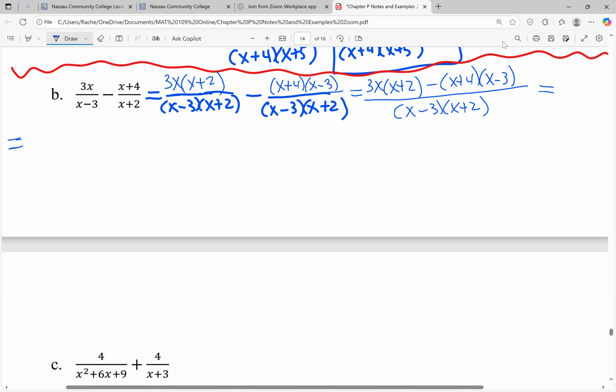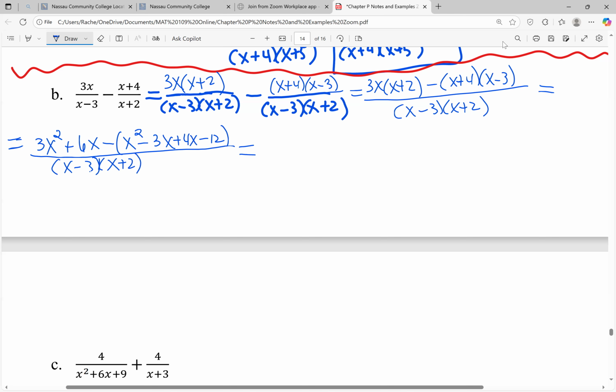So let's multiply 3x times x plus 2. So I'm going to get 3x squared plus 6x, and then minus, now I'm going to do FOIL on the x plus 4 times x minus 3. So we're going to get x squared minus 3x plus 4x minus 12 over x minus 3 times x plus 2.